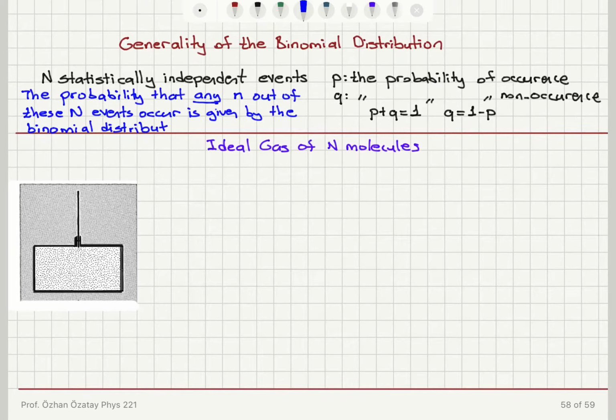We have demonstrated this for the spin system. Now let's look at a few other demonstrations.